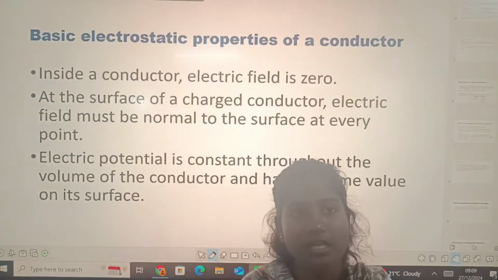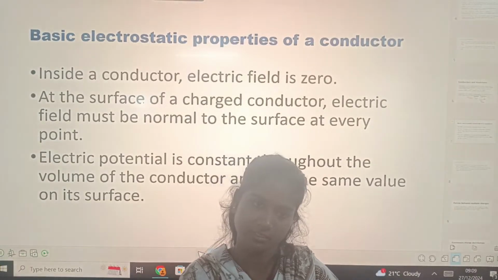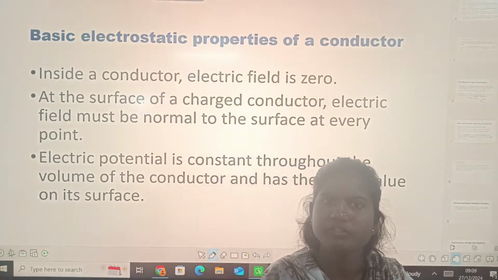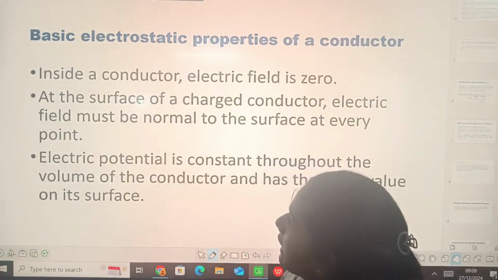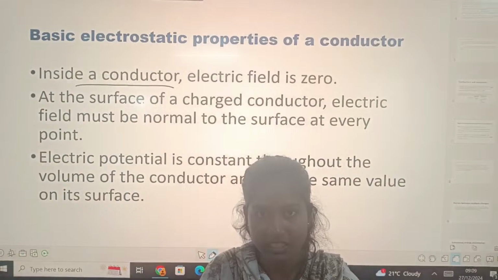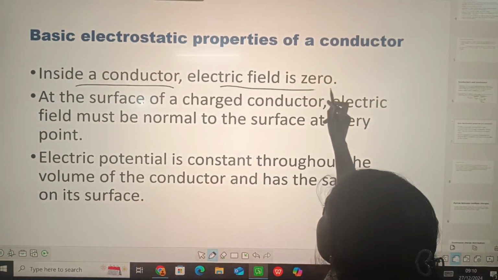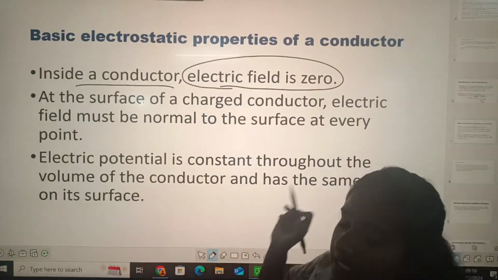See, I have said conductor means which allows the electricity to pass through them. So then what are some properties of the conductors? Inside a conductor, any conducting material or any conducting medium, the electric field is always equal to 0.